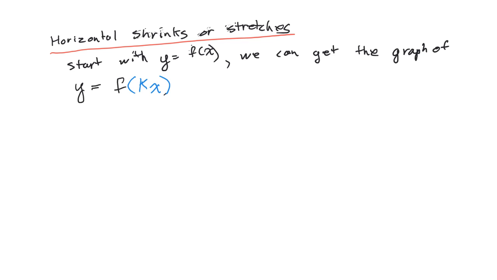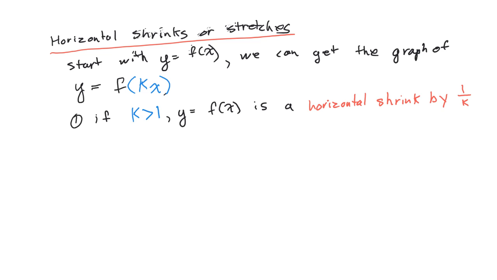So now I'm going to tell you what actually happens if k is bigger than 1 or k is between 0 and 1. If k is greater than 1, then y equals f of kx has a horizontal shrink by 1 over k. So we literally just take the x values and multiply by 1 over k. That's all that happens.